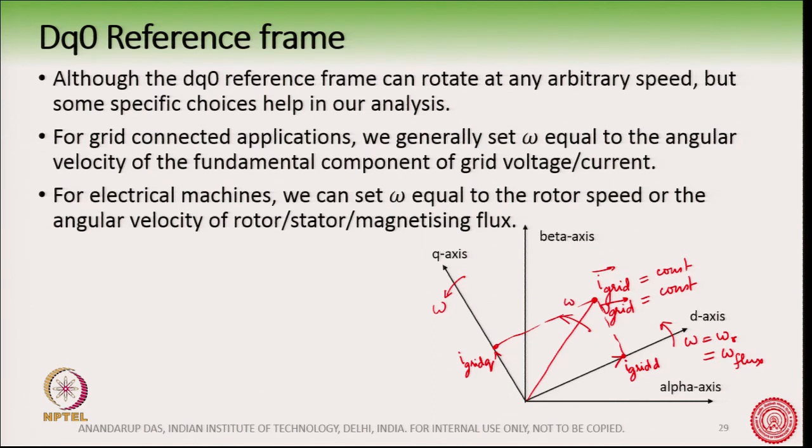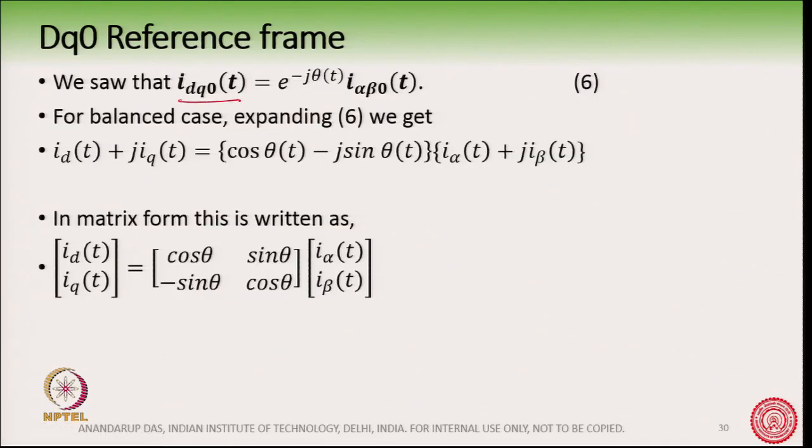Now, we can do a little bit of mathematics. We have seen I dq0 is e to the power minus j theta times I alpha beta 0. You can transform from one quantity to another. So, if you expand this equation 6, we see I d plus j I q is cos theta minus j sin theta times I alpha plus j I beta.